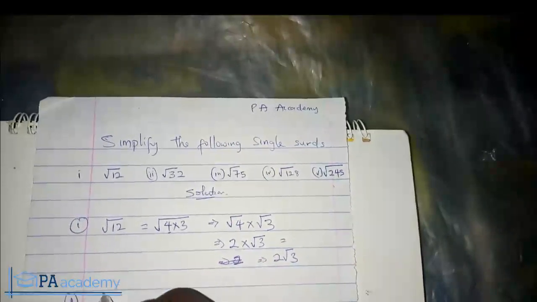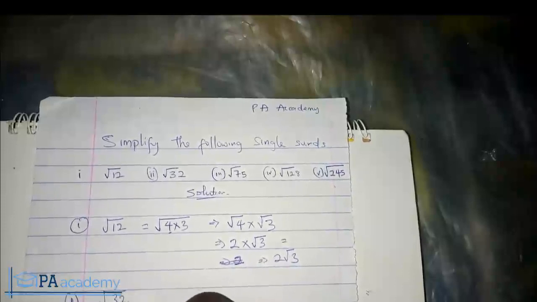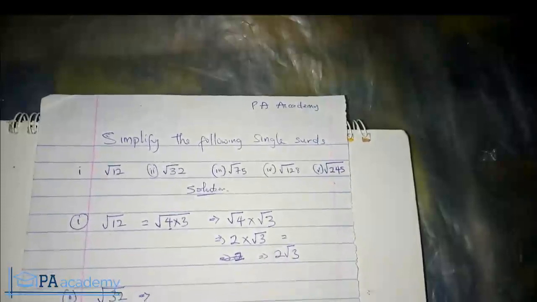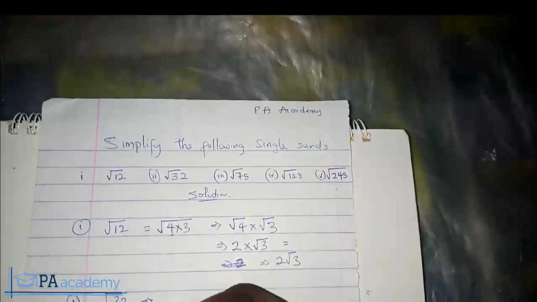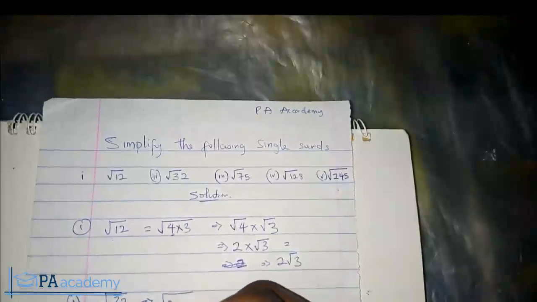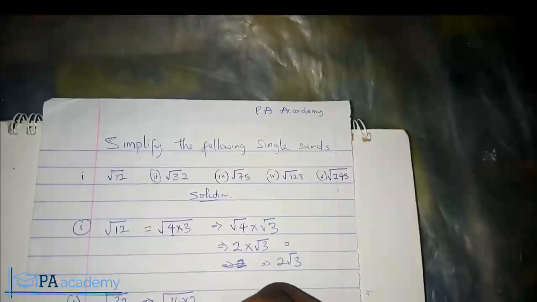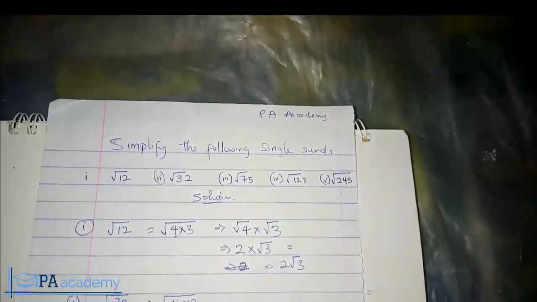Let's go to number 2. It says root 32. We are going to look for a perfect square and another number which, when we multiply them, will give us 32. The numbers we can use are 16 times 2, because 16 times 2 will still give us 32.